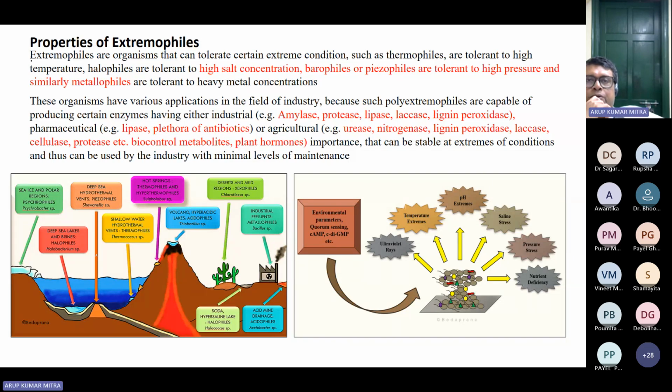What does polyextremophile actually mean? They may be saline tolerant, they may be barophiles, they may be metallophiles, that is, tolerant to different heavy metals. At the same time, they may produce different types of industrially important enzymes. These enzymes are of maximum use when grown at relatively higher temperature or pressure, which makes them a very important source of industrial compounds.